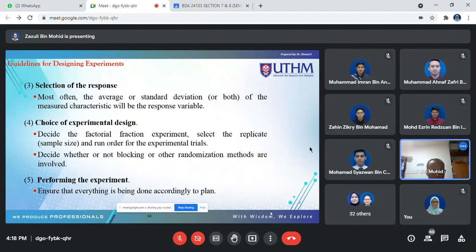The sample size of the experiment also we have to choose, and we have to calculate depending on the number of factors and the number of levels. So then after that only we can perform our experiments.